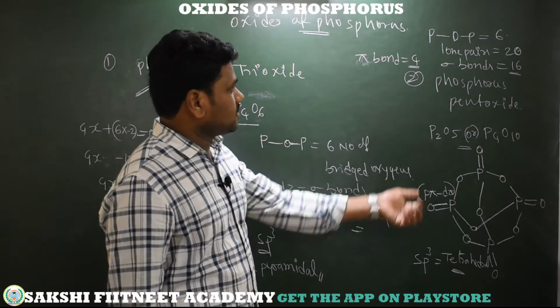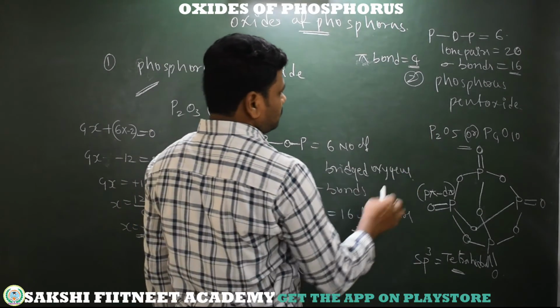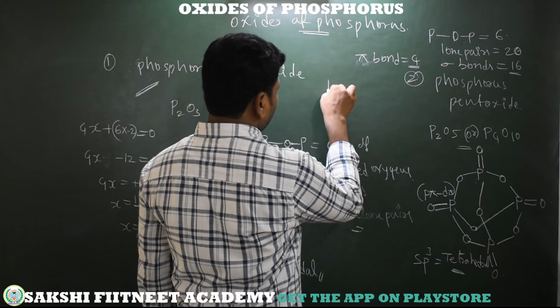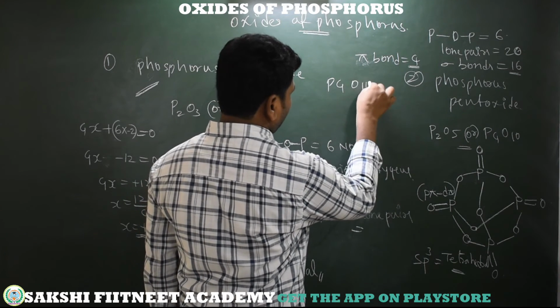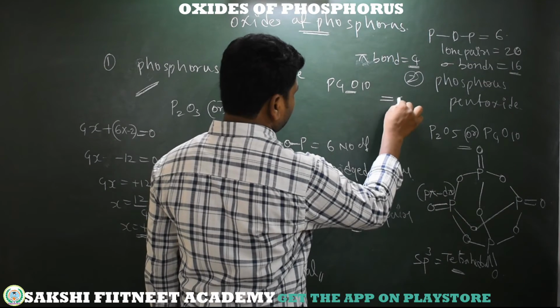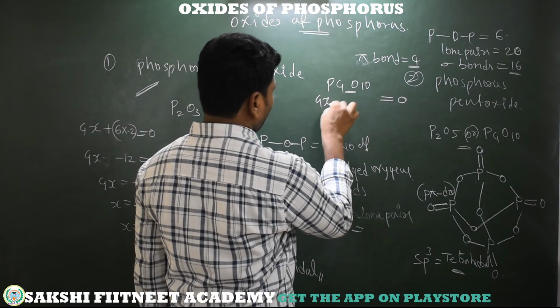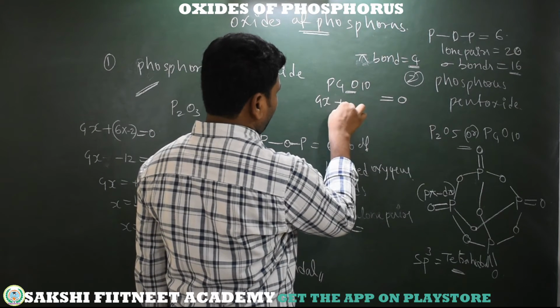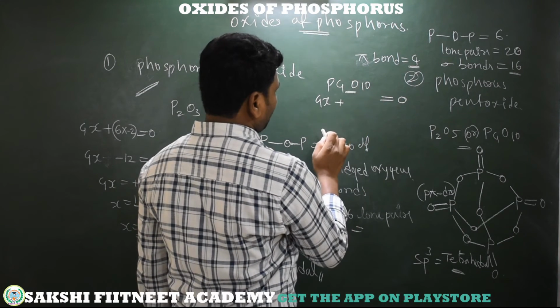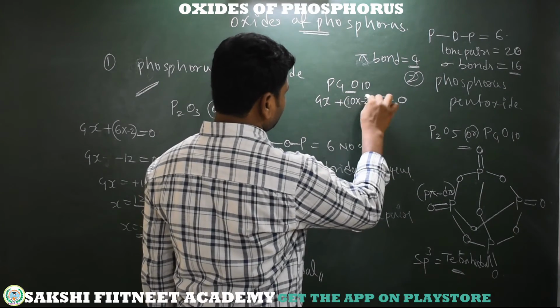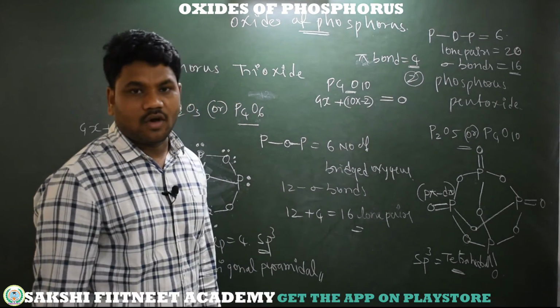Coming to phosphorus pentoxide, total we have P4O10. Now see here, it's P4O10. So total charge is 0. The total number of phosphorus atoms, I am taking as 4x, plus we have total 10 oxygen atoms, that is 10 into minus 2 oxidation state for each oxygen.